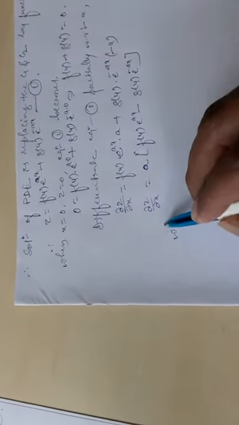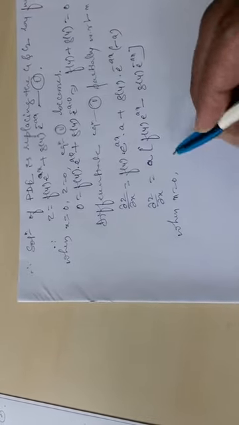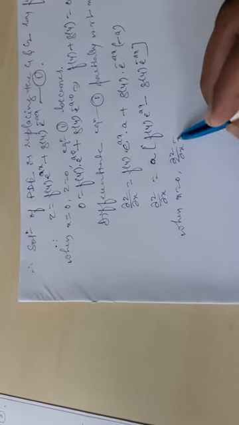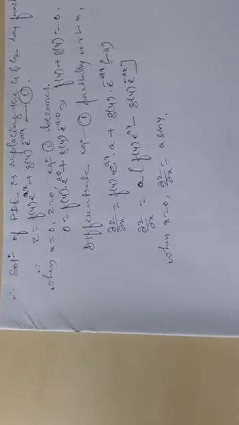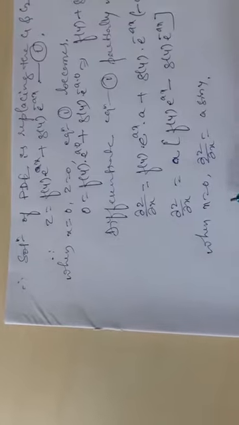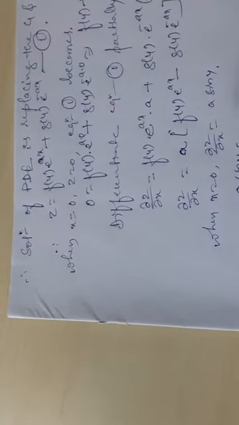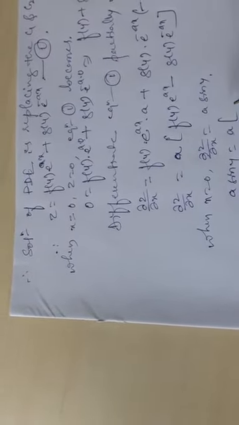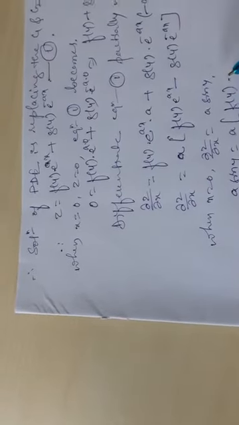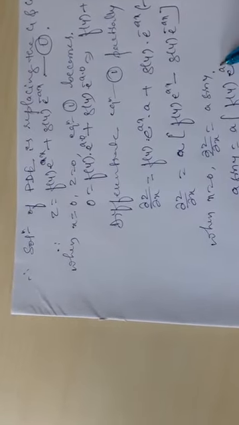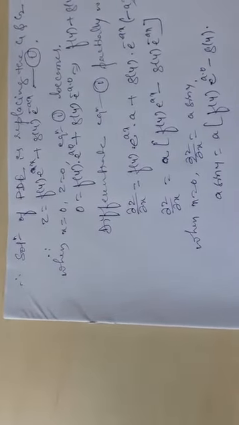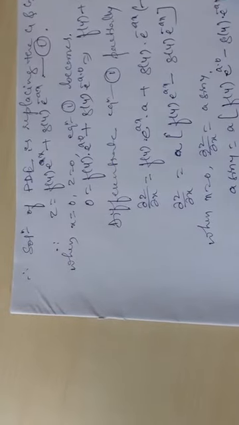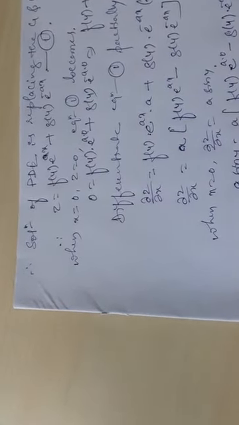Using the second condition, that is when x equal to 0, dou z by dou x equal to a sin y. Therefore, dou z by dou x is a sin y. LHS a, keeping the functions as they are, f of y, x is 0, e to the power a into 0, minus g of y e to the power 0, which is 1.